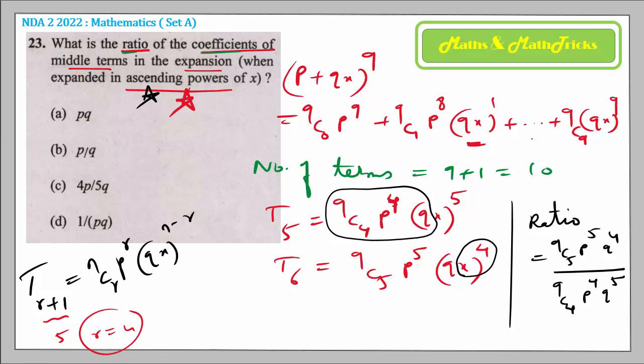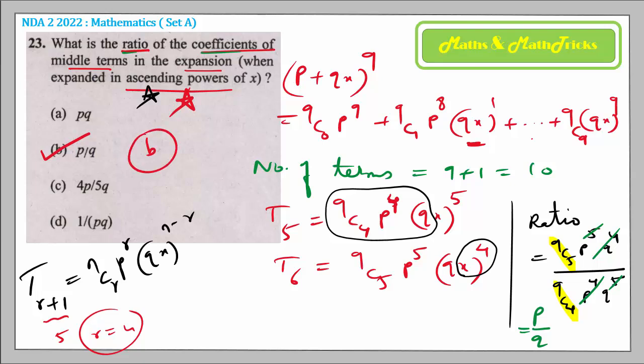And you know, students, that 9C5 is the same as 9C4, so it will get cancelled. The powers of p^4 get cancelled, and q^4 is getting cancelled. What is remaining in the numerator? p, in the denominator q, and the required ratio hence is p by q, option B.